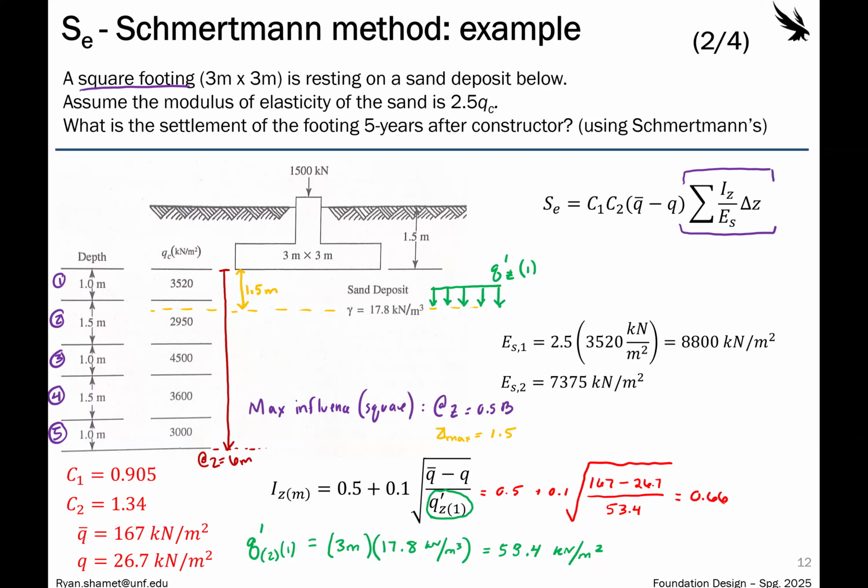Which again is going to be that peak value that occurs here. So this IZ max is going to be occurring right there at that depth of 1.5.